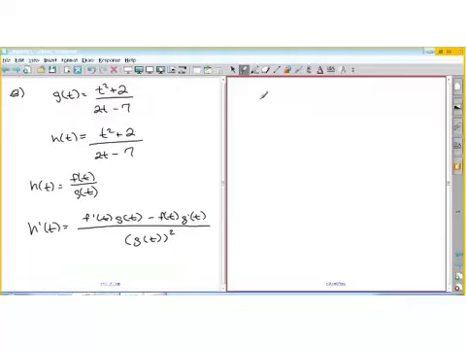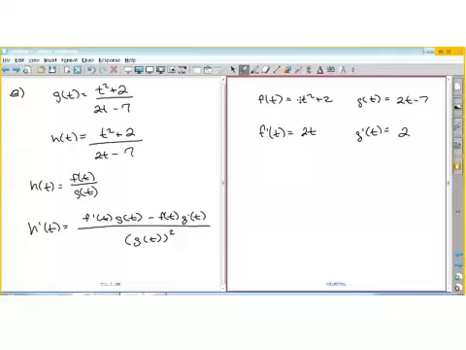So basically you just do what we did previously. You write down f of t, which is the numerator. You write down g of t, which is the denominator. Then you take the derivatives, just using the rules that we know, since these are polynomials. Derivative of t squared is 2t, derivative of 2 is 0, derivative of 2t is just 2, because the derivative of t is 1, so you get 2 times 1.